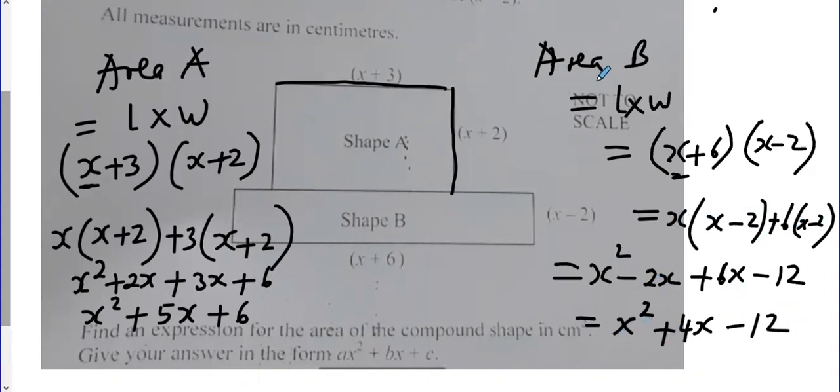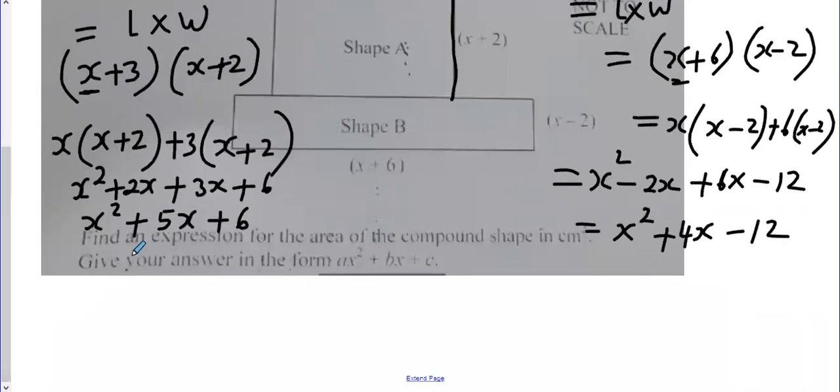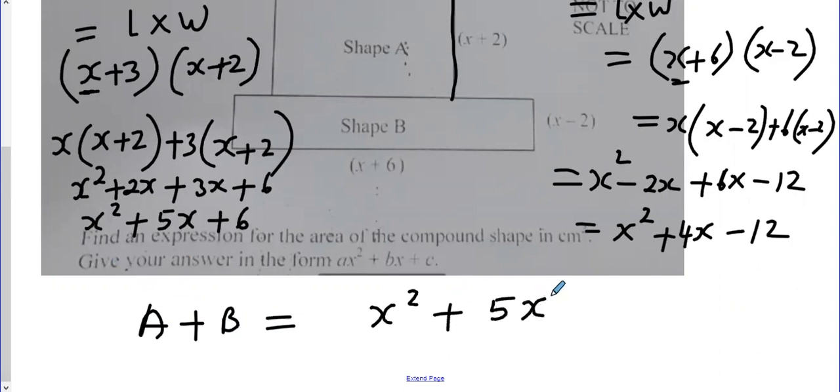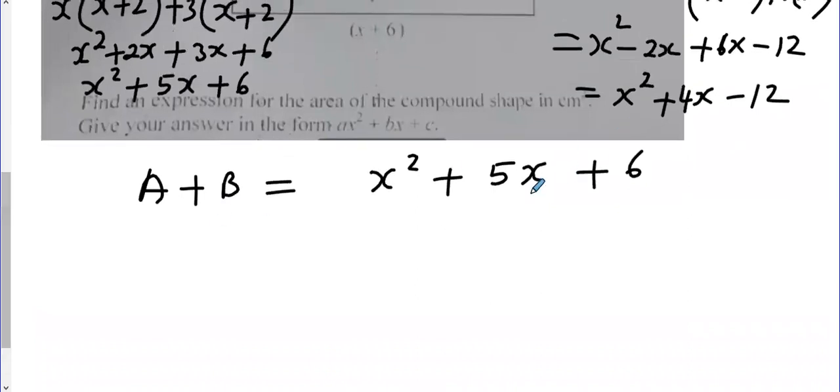Okay, so we have area B and we have area A. Now we're going to find the total area, meaning A plus B. A is x squared plus 5x, then plus 6. Then we add this area to x squared plus 4x, then minus 12.